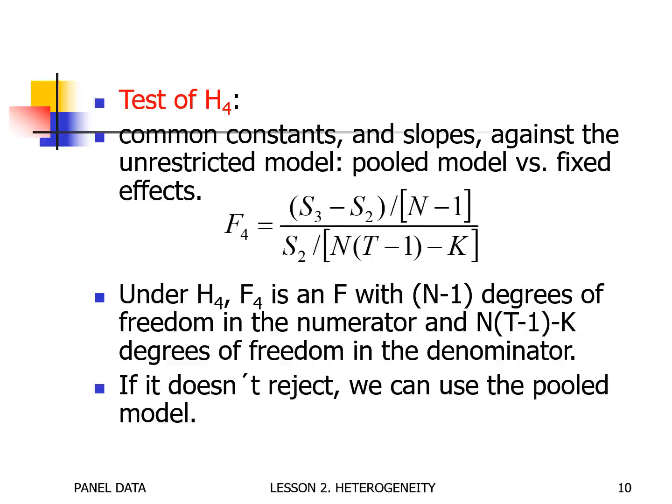N minus 1 is the number of restrictions that convert the fixed effect model into the pool model, because it collapses all the alphas of the fixed effect model into 1, which is the only alpha in the pool model, and that would be the numerator of the F. The denominator of the F would be S2 over this quantity.